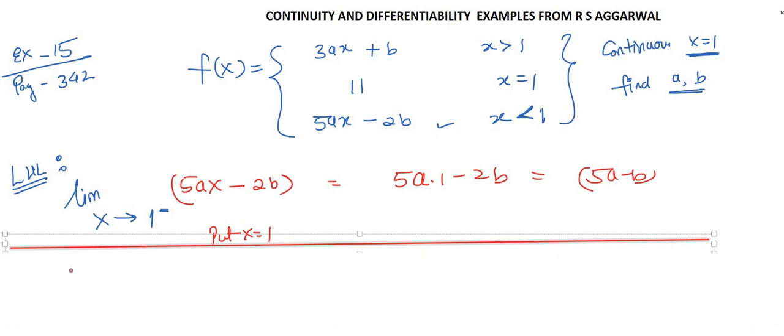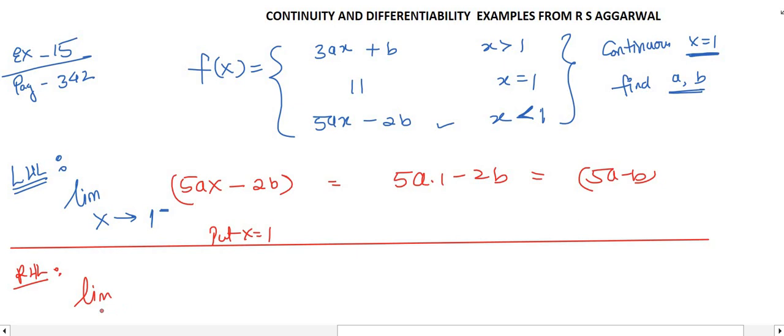Let me write down RHL. So for RHL, limit x tending to 1 plus, meaning more than 1. So which one should I take? This one? Yes or no? This one, more than 1. So I will take 3ax plus b. So here I can directly put x equal to 1, no need of taking the h method.